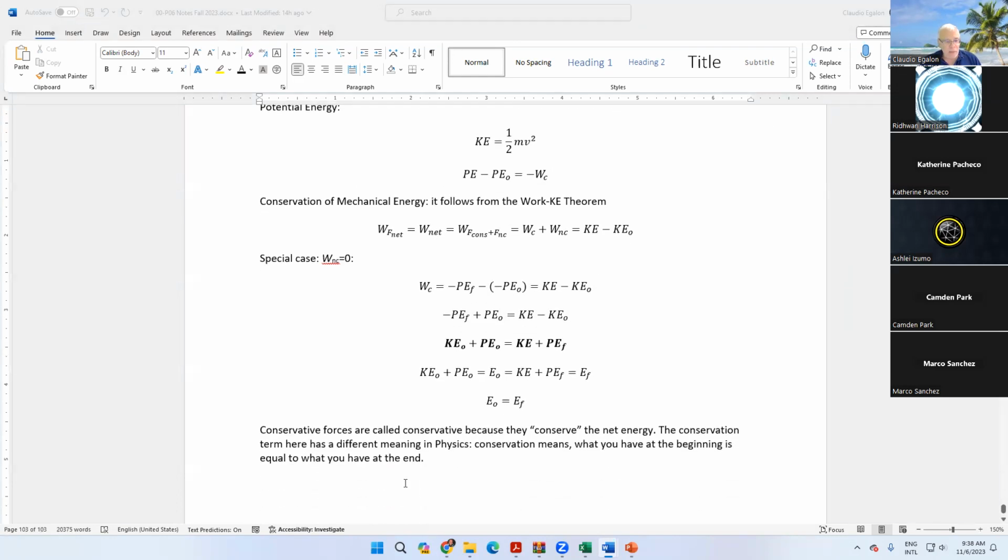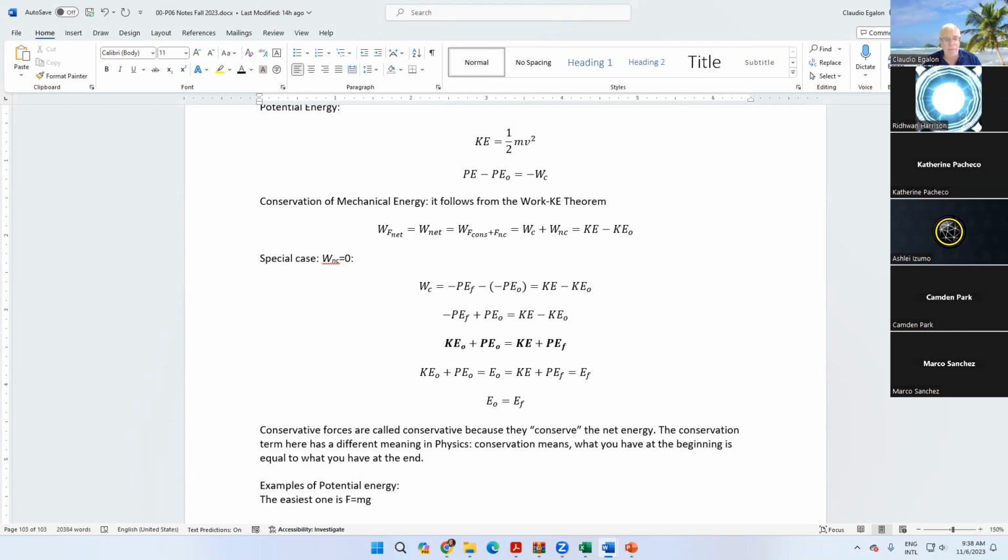Now let's do some examples, okay? The easiest of all examples of potential energy is the force F equal to mg.